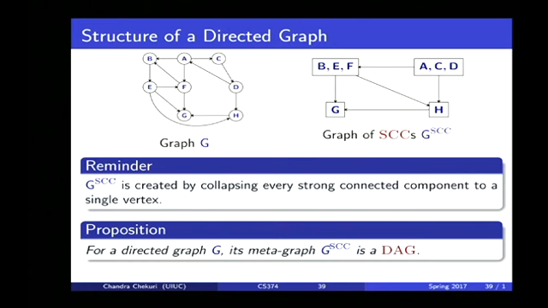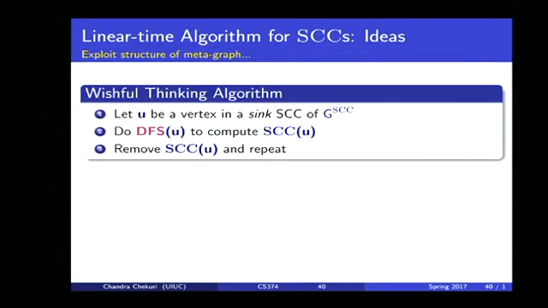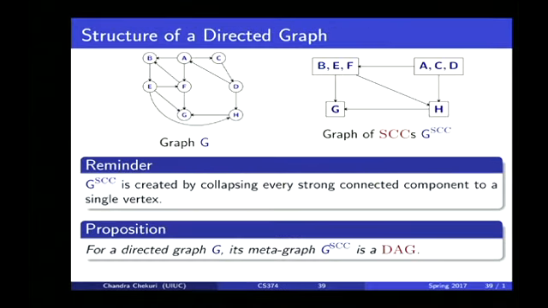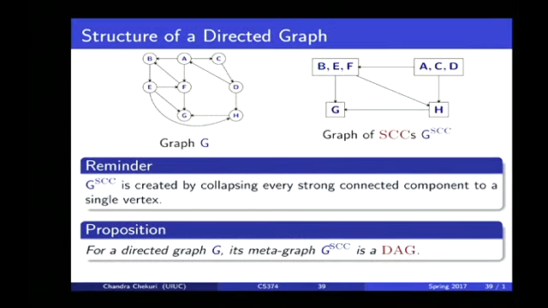So here is a thought experiment, a wishful thinking algorithm. What is the idea? Remember every DAG has a sink. Suppose by magic I told you one vertex in the sink component of this DAG.